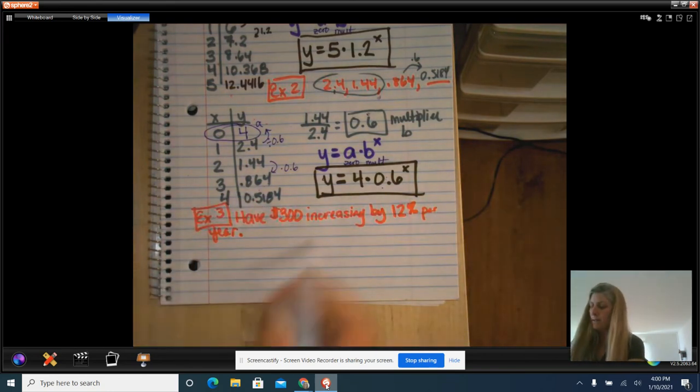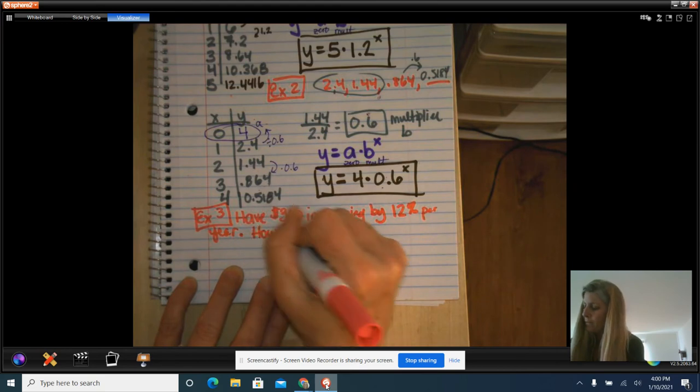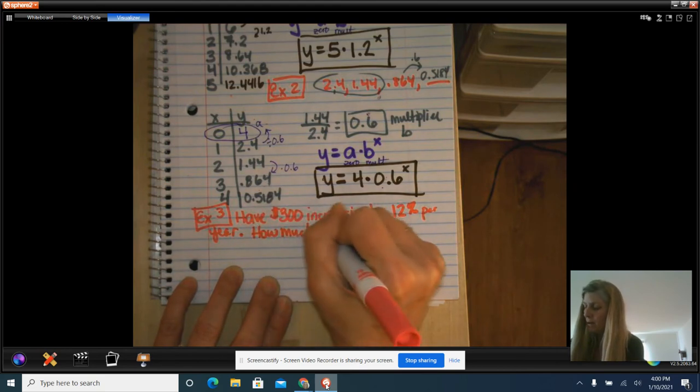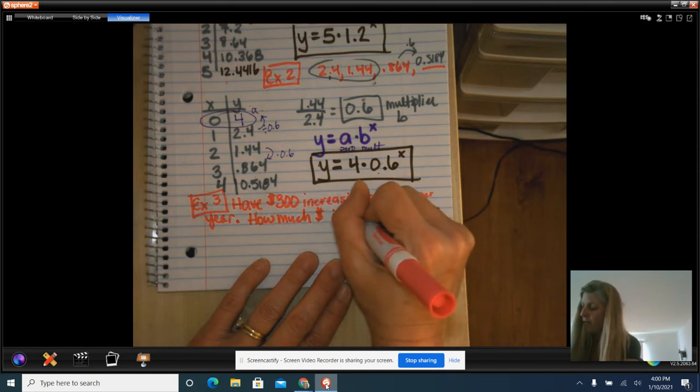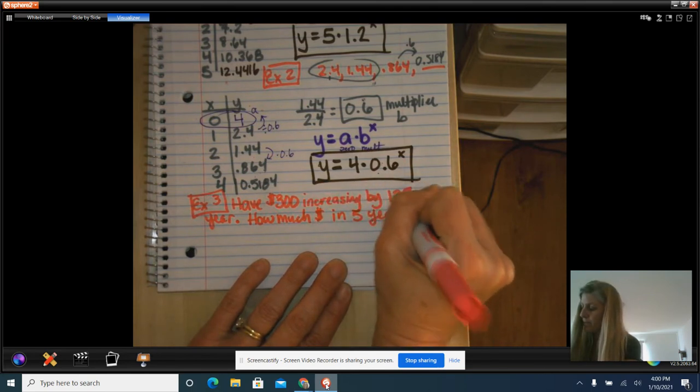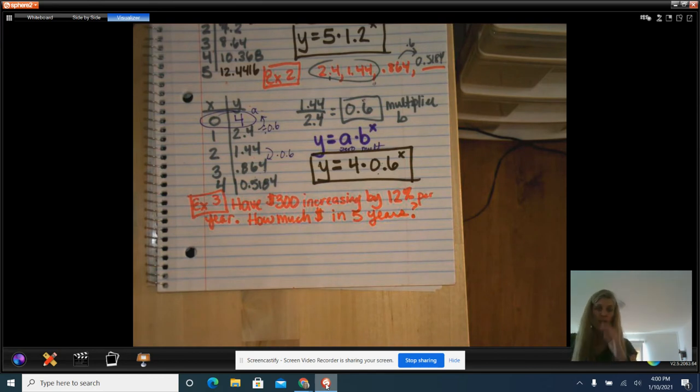And our question is, how much money will we have in 5 years? So we know we have $300 in a bank, and it's increasing by 12% per year. So we want to be able to figure out mathematically how much money will we have in 5 years.